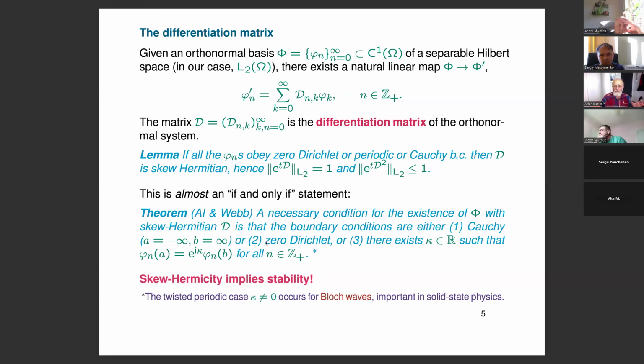In other words, we can express every derivative phi n prime as a linear combination of the phi k, because they form a basis, so there is such a matrix. This matrix is the differentiation matrix of the system. And essentially, the action of this matrix corresponds exactly to the action of the derivative.